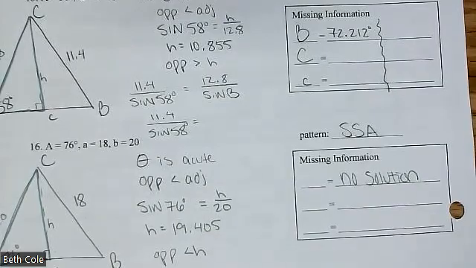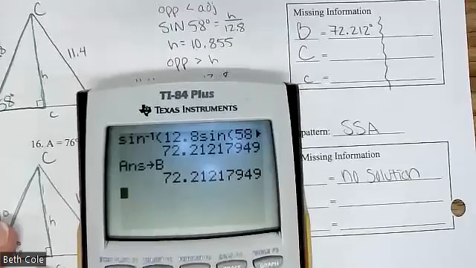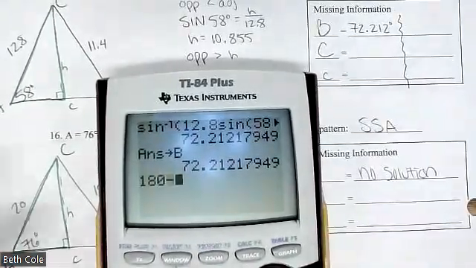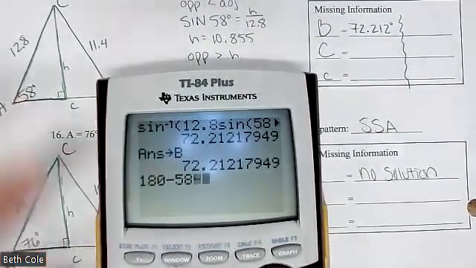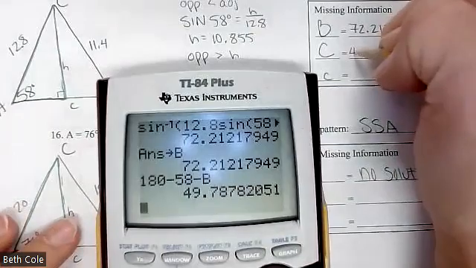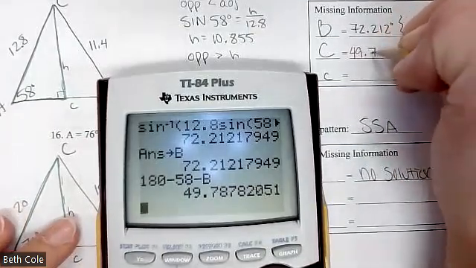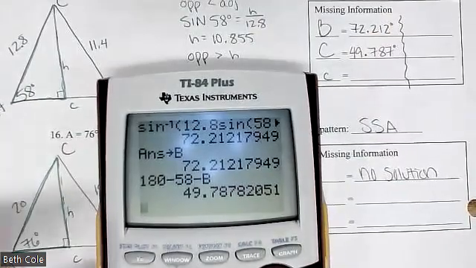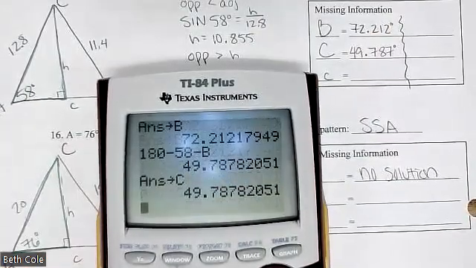Store it. Quick, capture it before it gets away. Store it as B. And then to get the last angle, you subtract from 180. 180 minus 58 minus the stored one will give you the last one. It should be 49 and some change, and stored as C.